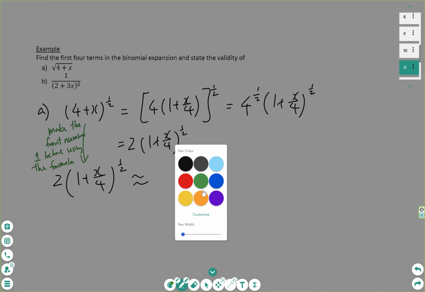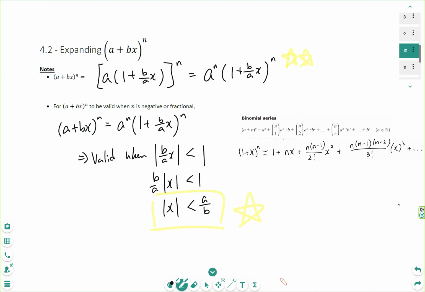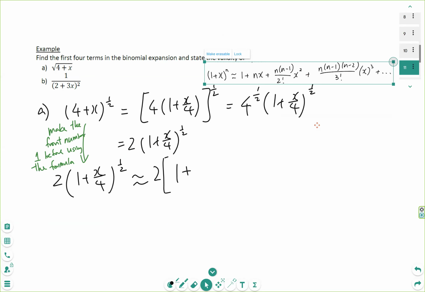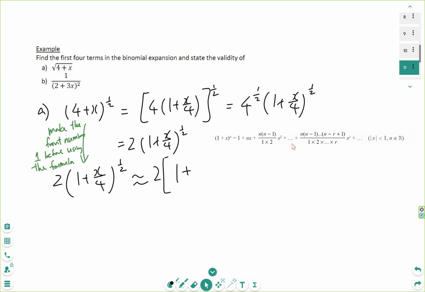So this roughly equals 2 times the binomial expansion inside. I just realized, sorry, this is actually given in the formula booklet: 1 plus x to the power of n.